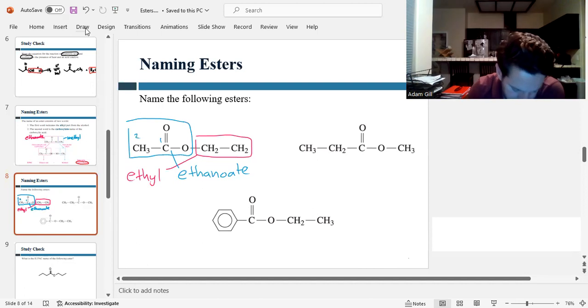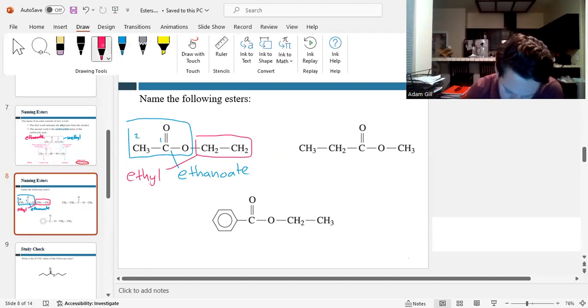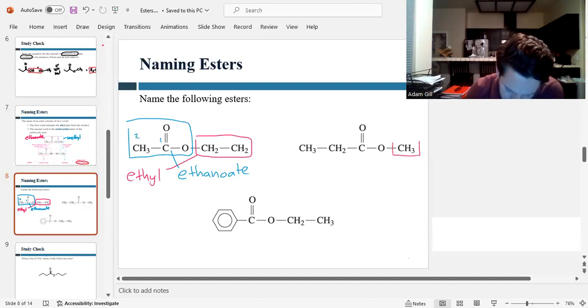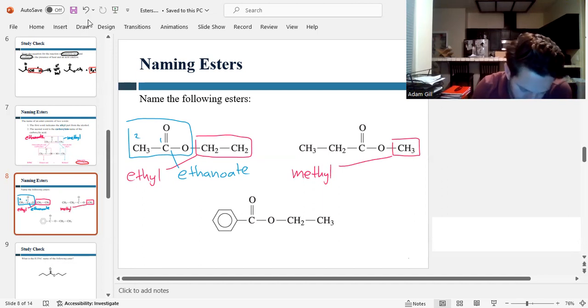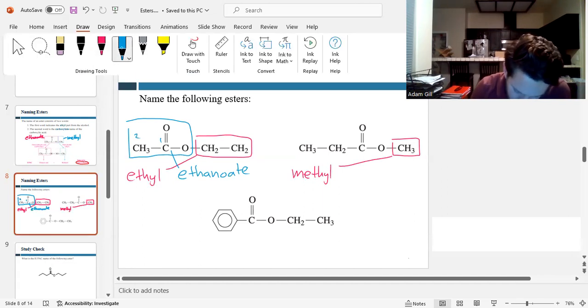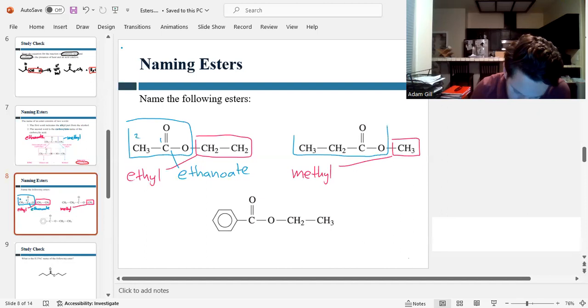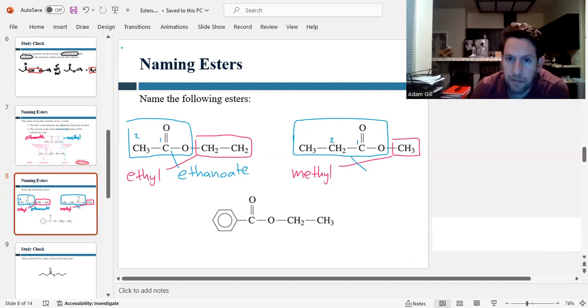Let's do the next one. We want to name the carbon chain first. There's 1 carbon, so that's a methyl group. And then we want to name the carboxylate second. And this has 3 carbons.